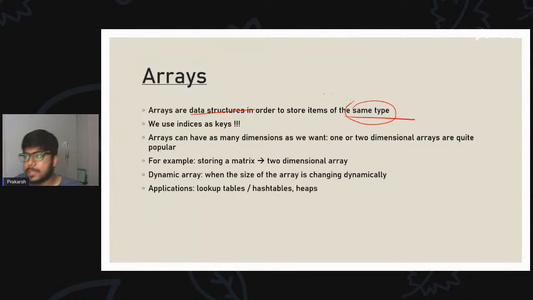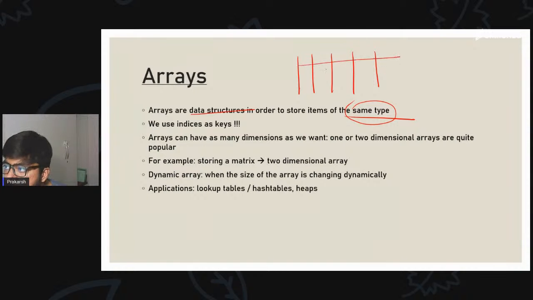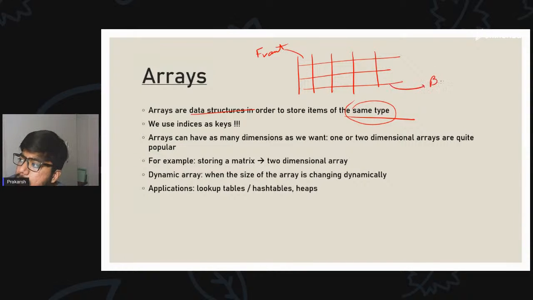If you remember, we used to sit in classes in rows and columns, and there were different kinds of people. Here there were front benchers, here there were back benchers, and here was the generic janta of the class, with many different kinds of people.